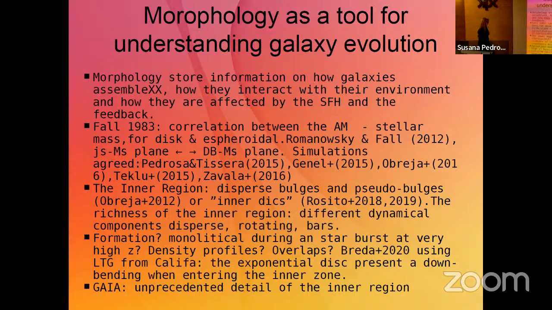What is important to remark is that with Gaia, for example, we are going to get much more data, much more detail about the very center of the galaxy. In fact, Breda is, I think, right now asking for time with Gaia in order to try to verify the proposal in this paper, but with direct observation through IFS, integral field spectroscopy.